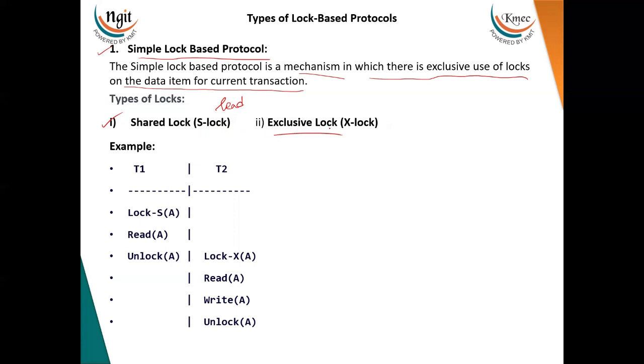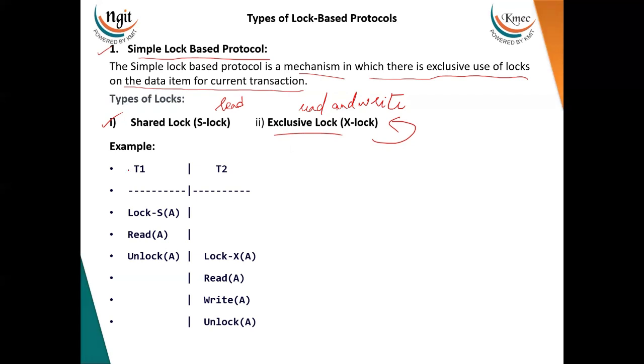Whereas an exclusive log says that when the transaction wants to perform a read as well as a write operation on some data item, it has to acquire the exclusive log. An exclusive lock is given only to one transaction. After it performs the read and write operations, it releases the exclusive lock for the other transaction that is waiting to perform a write operation on the same data item.